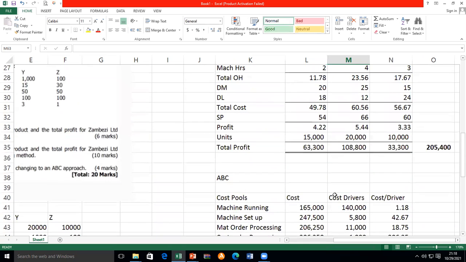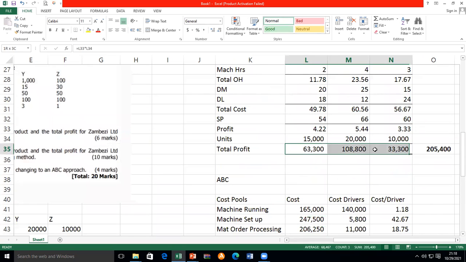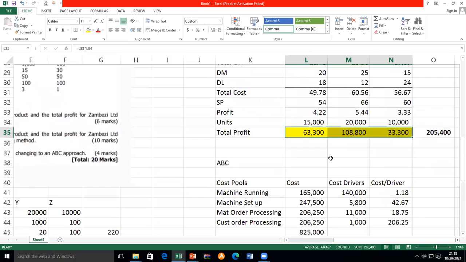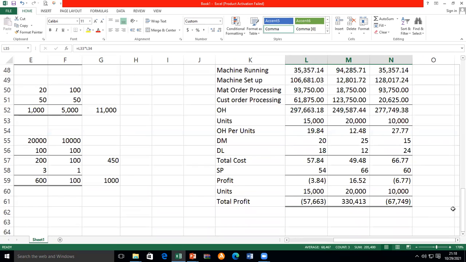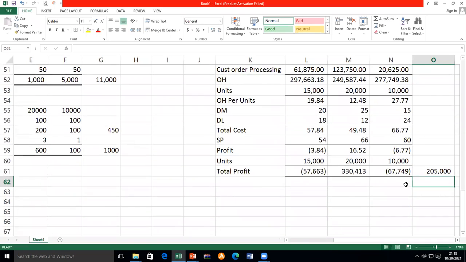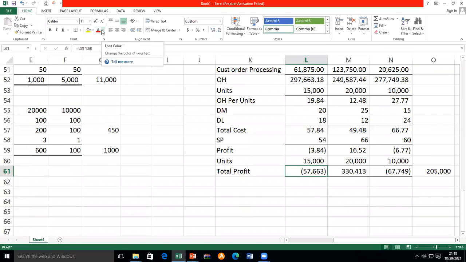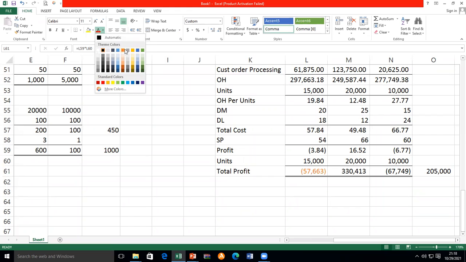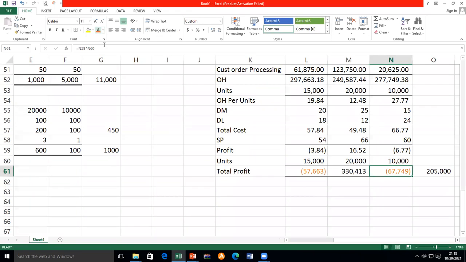Earlier on, all these products were making a profit. Did you notice that? But now the story has changed. Here, there's a loss. There, there's a loss. There's only a profit there.